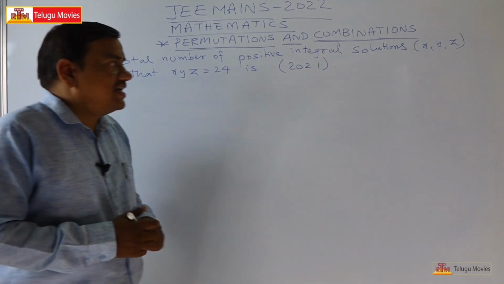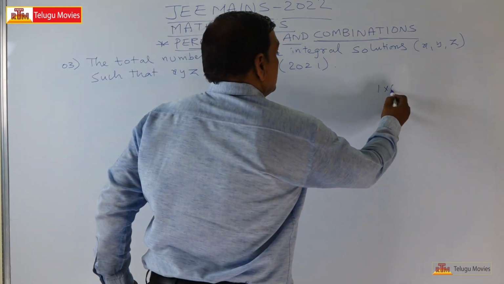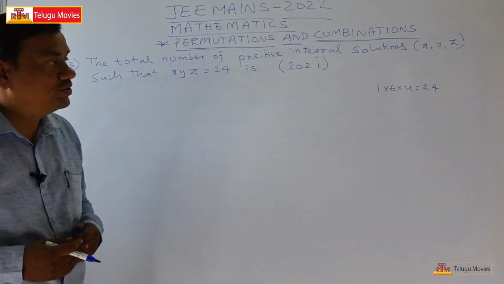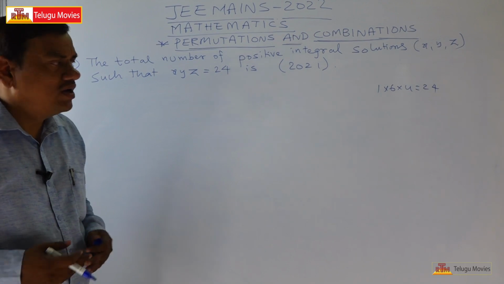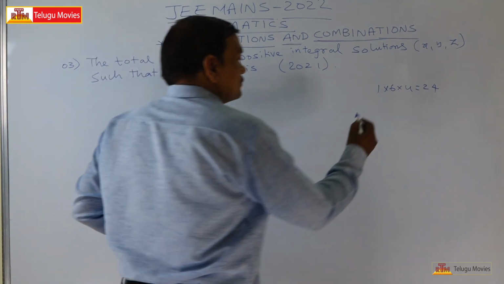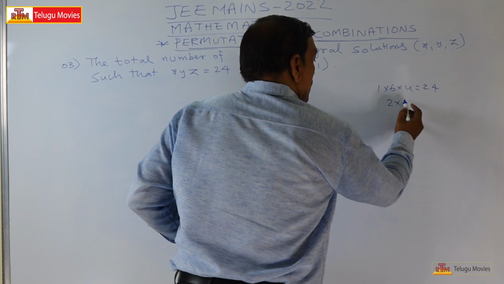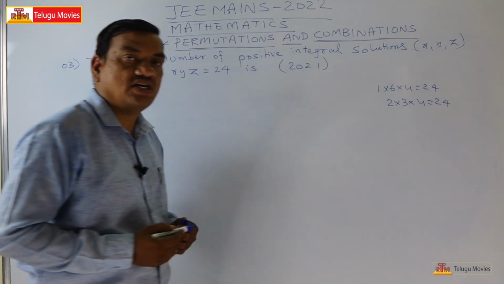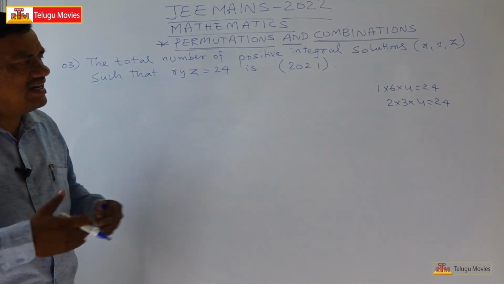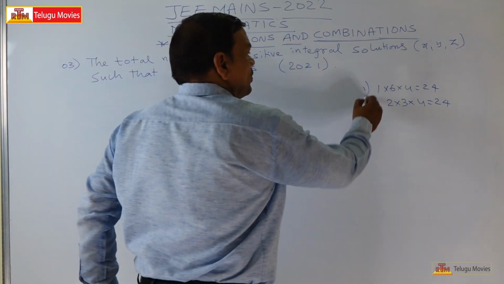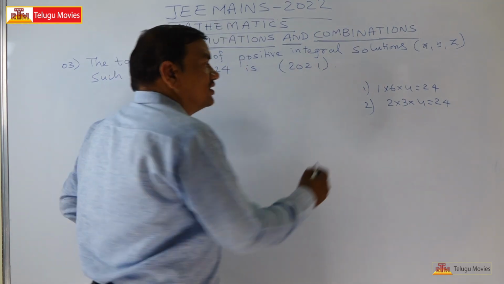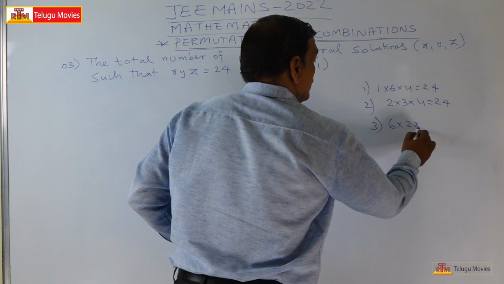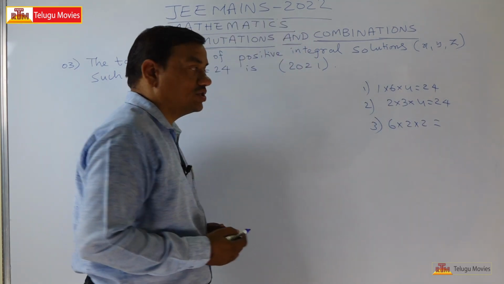Anybody can say that 1 into 6 into 4 is equal to 24. That is one group. Otherwise, 2 into 3 into 4 is also 24: 2 threes are 6, 6 fours are 24.